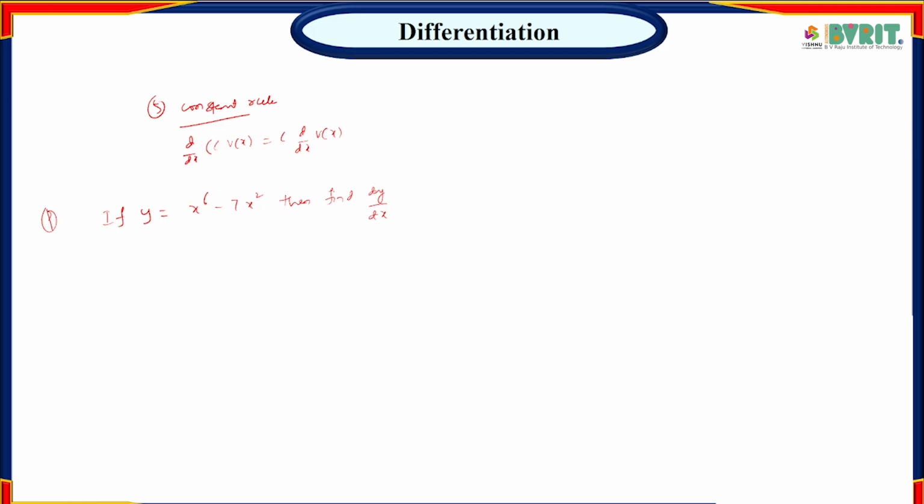First, if any problem is given to us, we have to identify what is the dependent variable and what is the independent variable. In this problem, y is equal to x power 6 minus 7x square. It's very clear that y is the dependent variable and x is the independent variable. Always we have to differentiate with respect to the independent variable.